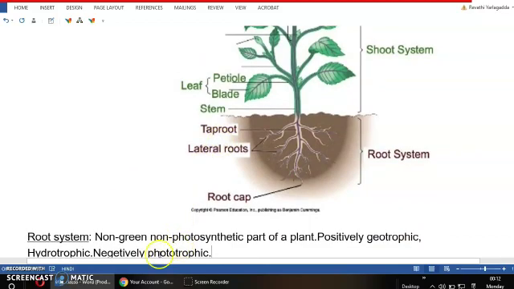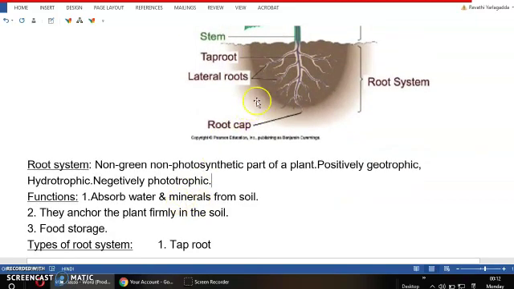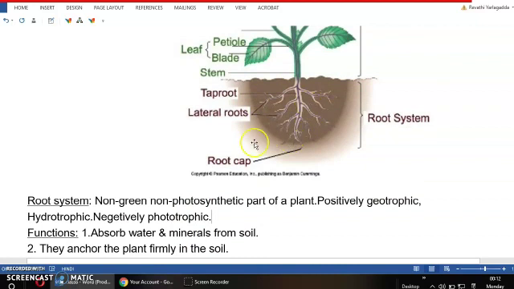Photo means light, so phototropism is growing towards the light. We can see the root here clearly growing towards the ground where the darkness is. It is not coming up and growing above the ground. So it is growing against the light. That is why it is known as negatively phototropic.